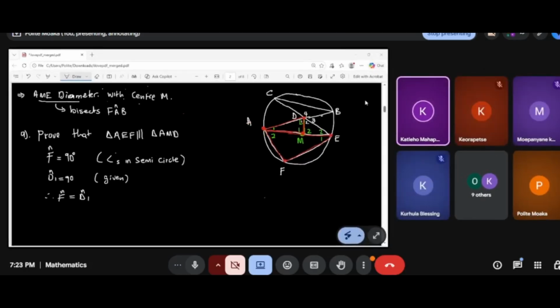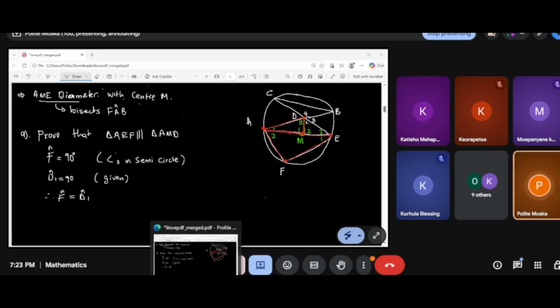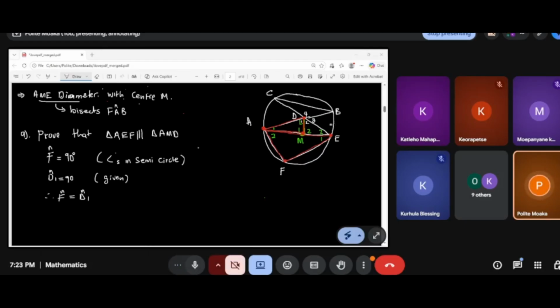Sir, on the first statement, you gave us that AME is a diameter and it bisects angle FAB. Katleho, thank you very much. That's very brilliant. But now tell me, if it bisects angle A, what can you say about that?